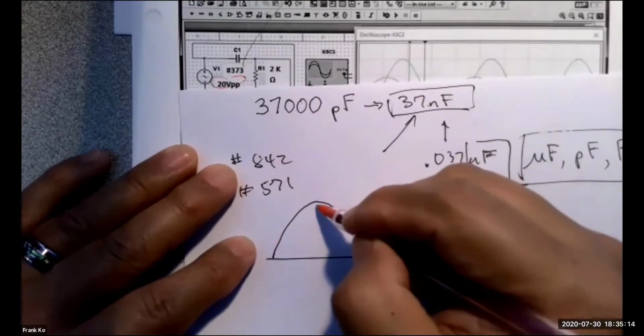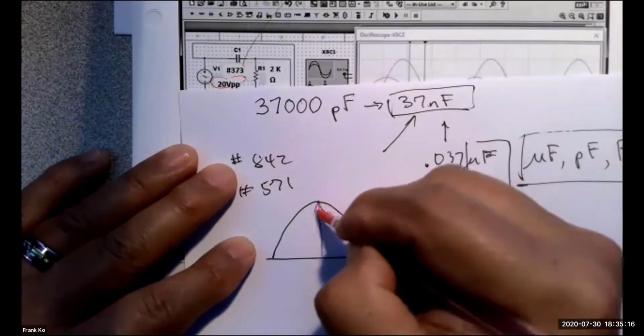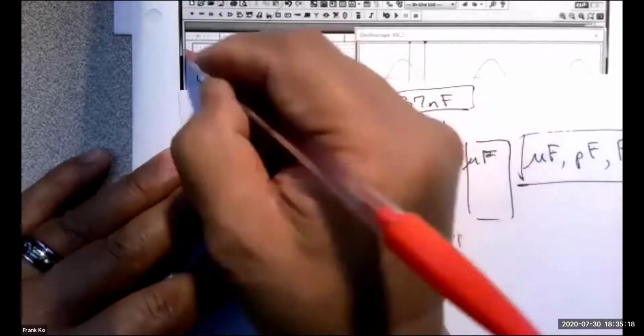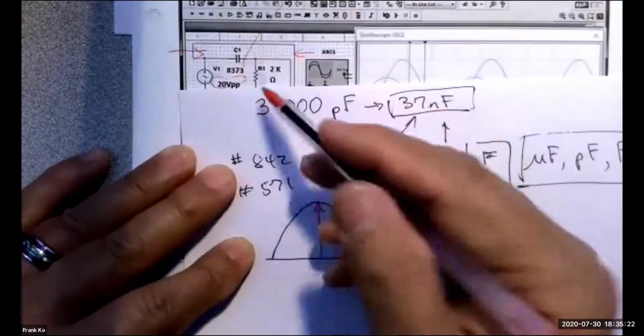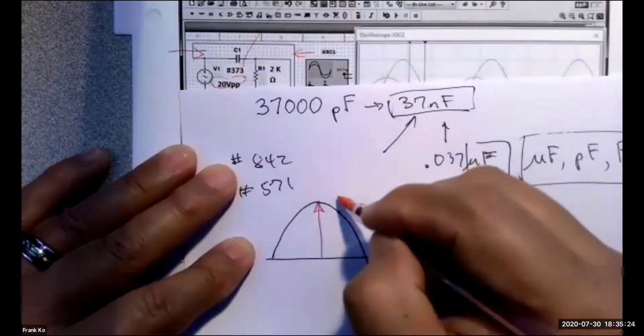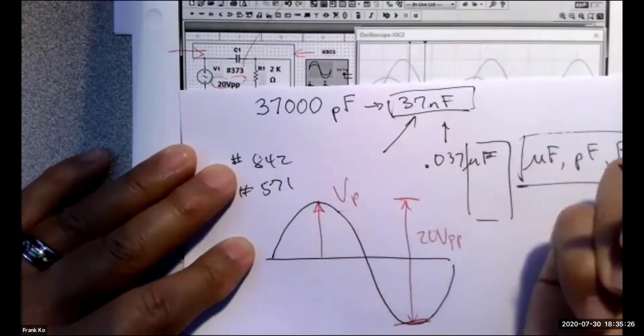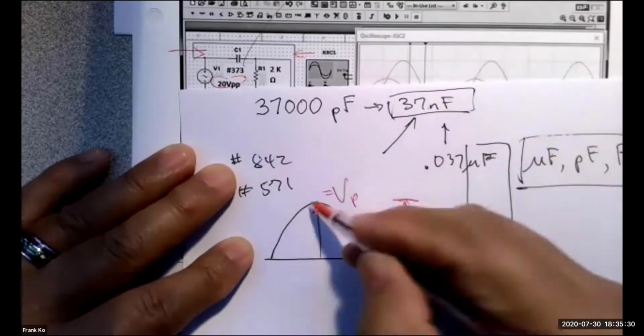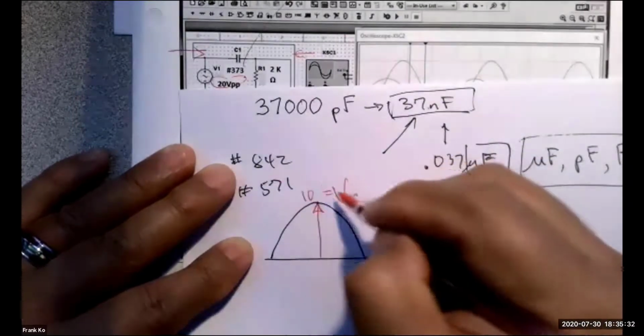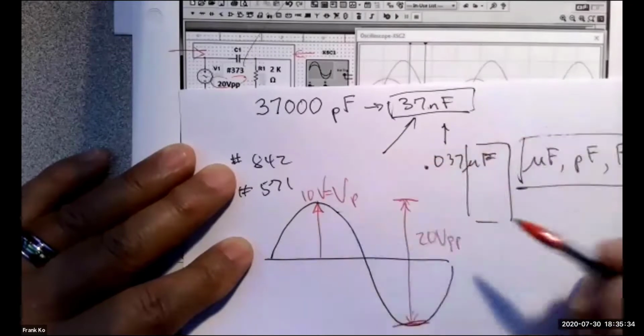The very first question being asked of you is, how much is coming into the circuit, and it's asked in the form of volt peak. So if my input's 20 volt peak to peak, what is my volt peak? Mama's math says it's going to be half, right? 10 volt peak.